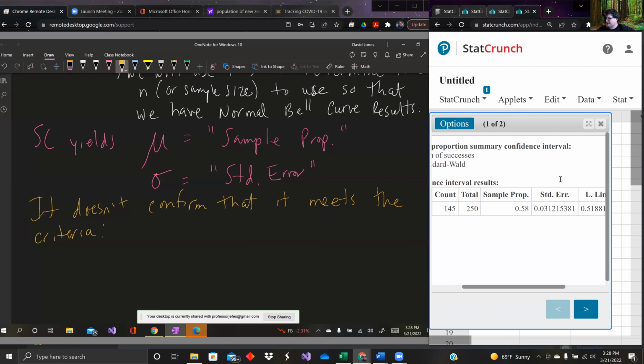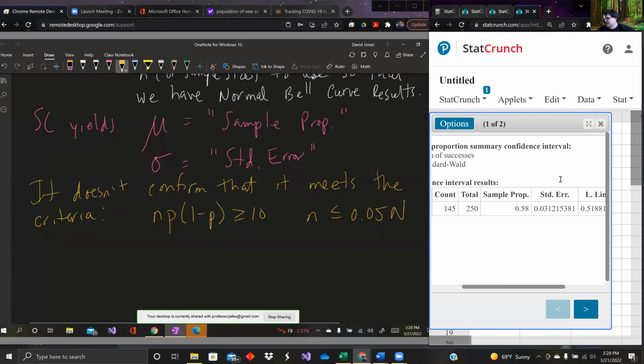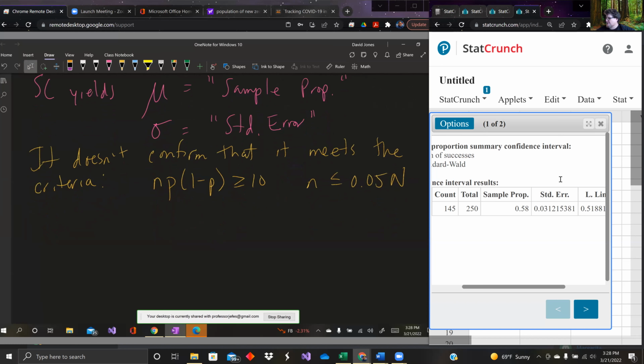And recall the criteria is N times P times 1 minus P is greater than or equal to 10, and N is less than 5% of the population. We can do that on our proportion, our Snapchat. Let's just check that on our Snapchat. I didn't do it for our Snapchat. Maybe I should have.